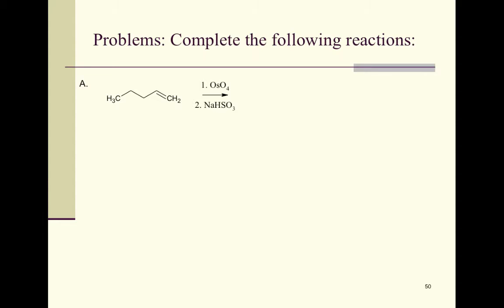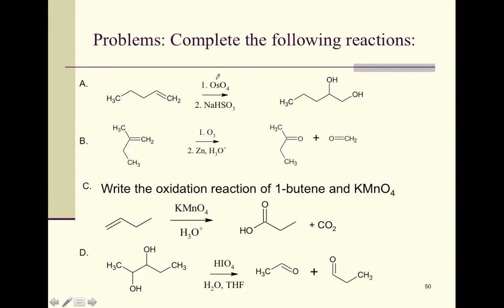Problems: complete the following reactions. Again, these are some reactions that we've been covering. Go ahead and finish the reactions, pause the video, come back and see how you did. For the first reaction, we have osmium, which adds OH across the double bond. 2 of them, in fact. For this second reaction, this is ozonolysis that will form aldehydes or ketones.